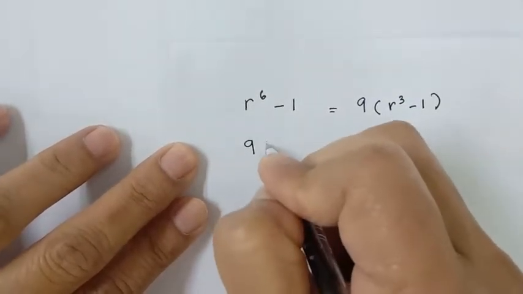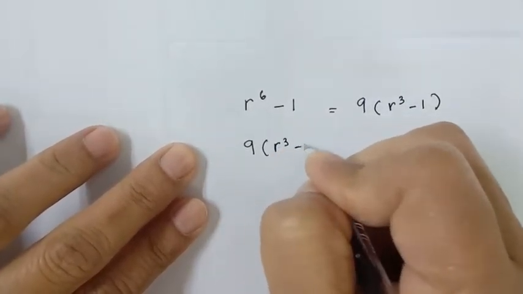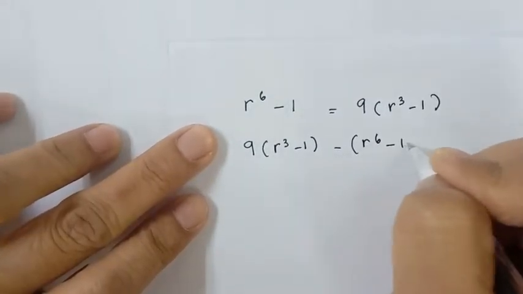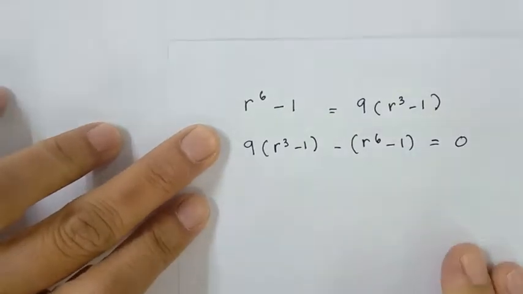We get 9 times r power of 3 minus 1 minus r power 6 minus 1 equal to 0.